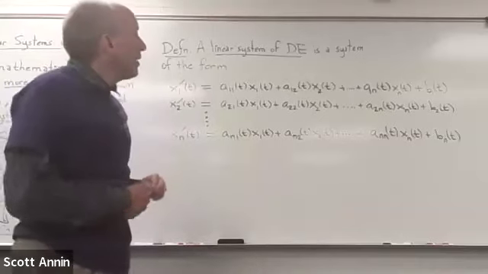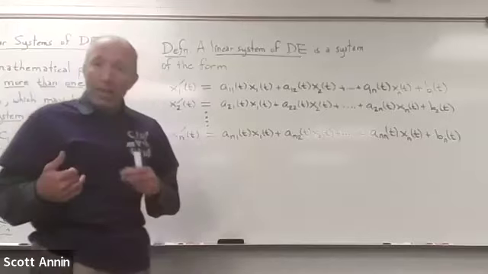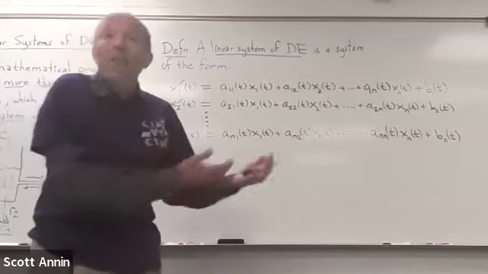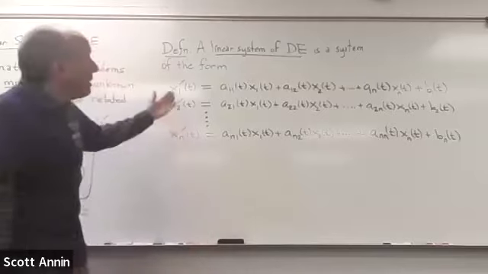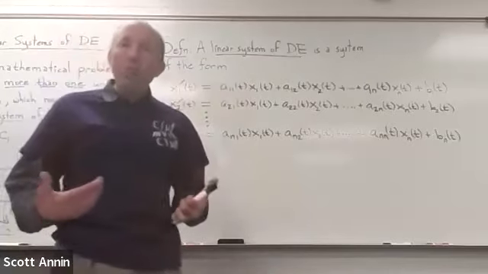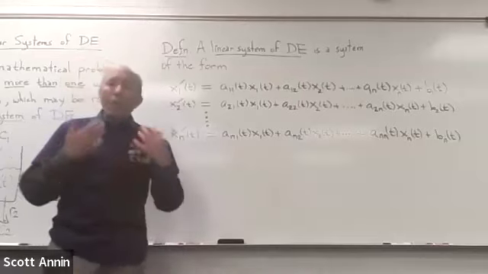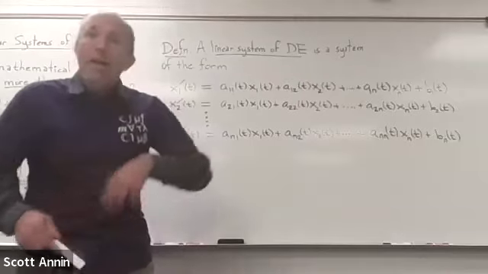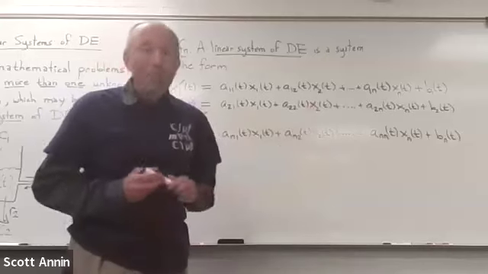Okay, so unlike other chapters of the book where the unknown function was like y of x, here you're going to be seeing x of t as a more common notation. The x is representing the unknown function, and it's a function of t.